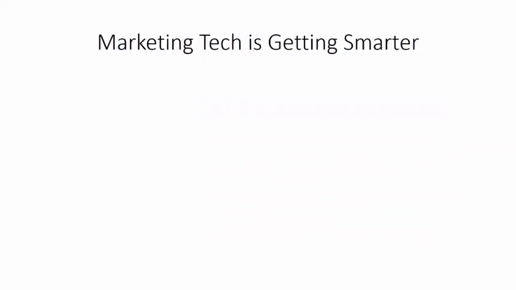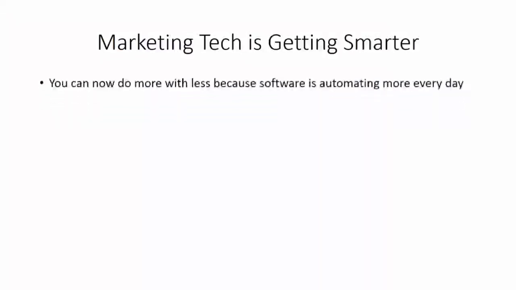And one of the things that you probably realize is that marketing technology, whether you are an online marketer or a brick and mortar business owner, is now getting smarter every single day. I mean, you can now do more with less because software is automating more of what we do, right?